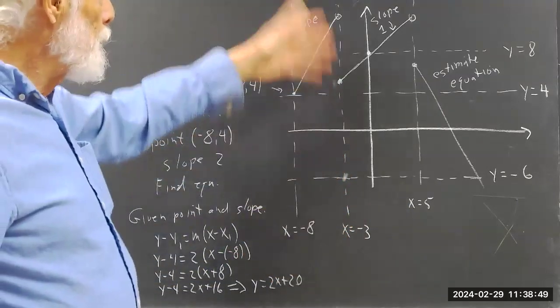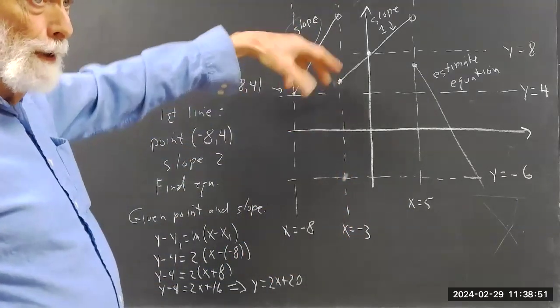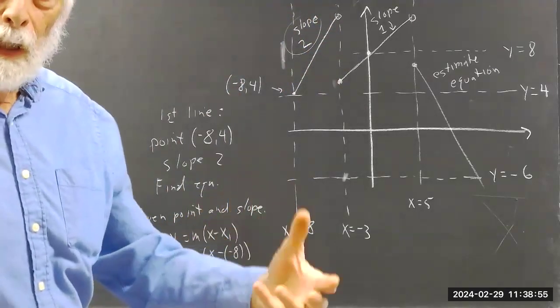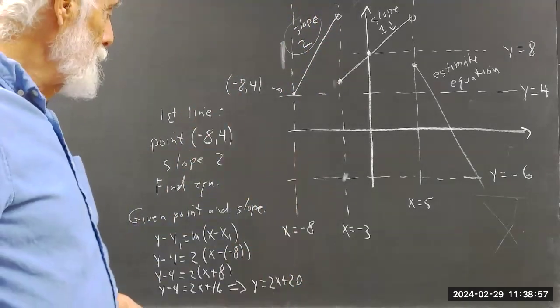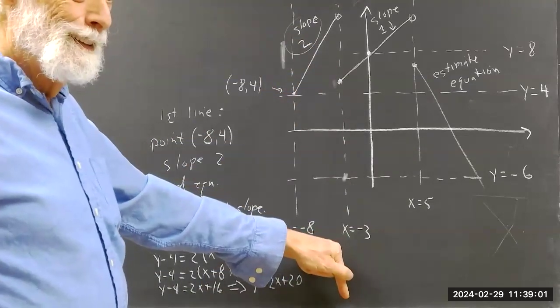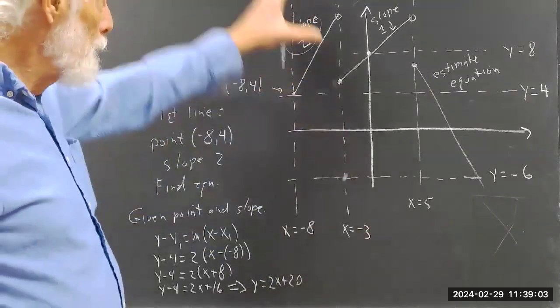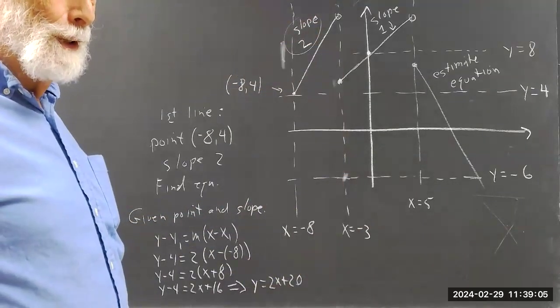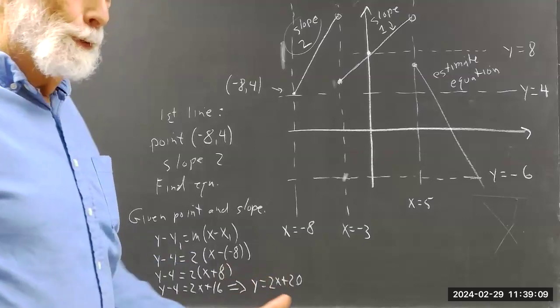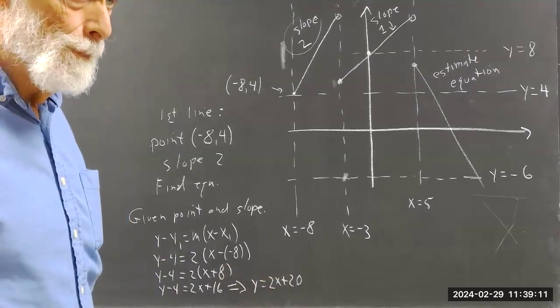So negative 3, 12 is a pretty good estimate. It's actually negative 3, 14. That's consistent. It's not totally accurate, but it's consistent. If negative 3 gave you negative 15, you know that that's nowhere near the graph. And you know that you had something wrong. Make sense?